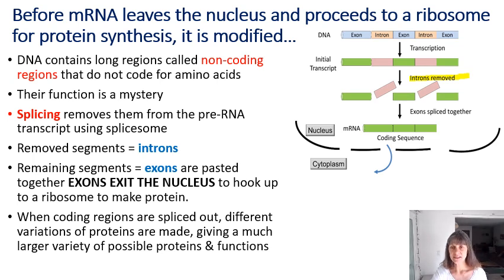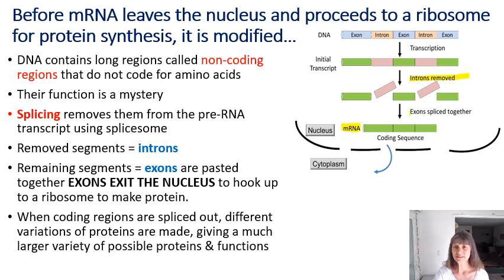In this process of splicing by the spliceosome, portions of the pre-messenger RNA molecule that are cut out are referred to as introns. Introns stay in the nucleus. They don't exit the nucleus to become part of the protein as it's built in the cytoplasm by the ribosome. The remaining portions of the pre-messenger RNA molecule are referred to as exons.